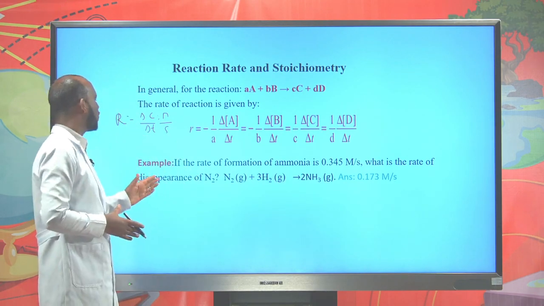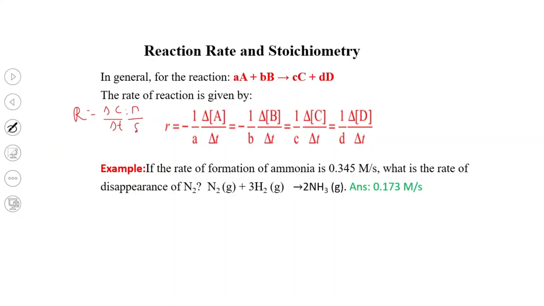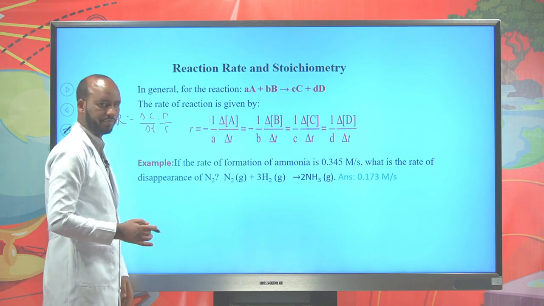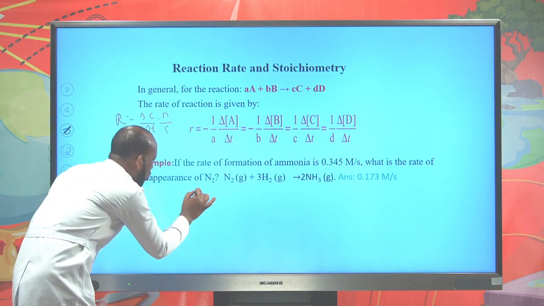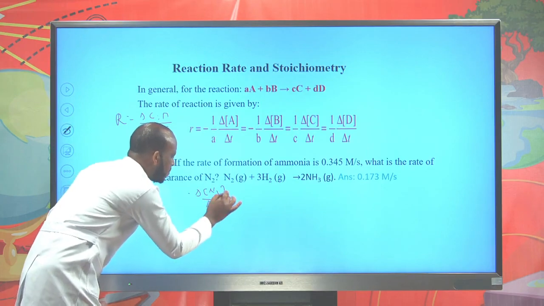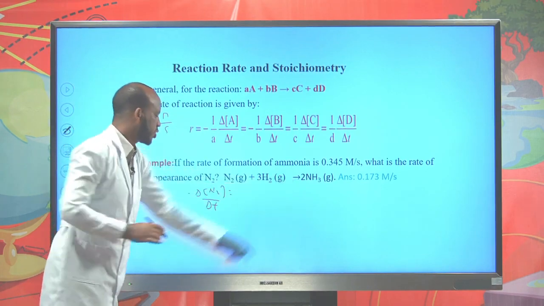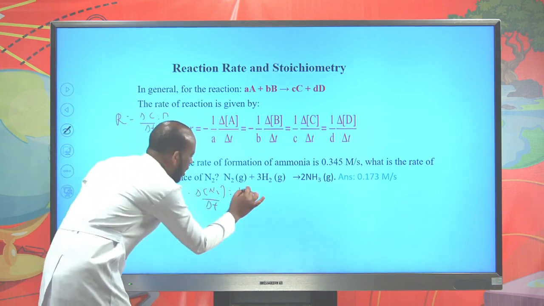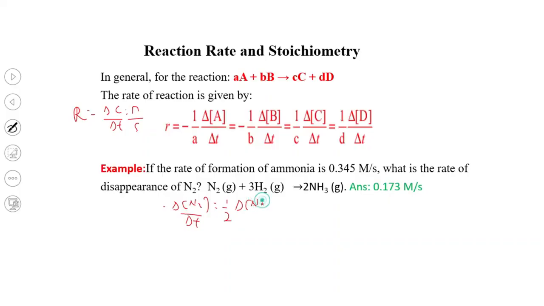What is the rate of disappearance of nitrogen? Now, rate of disappearance of nitrogen is minus change in concentration of N2 divided by change in time, equals 1 over 2 times change in concentration of NH3 divided by change in time.